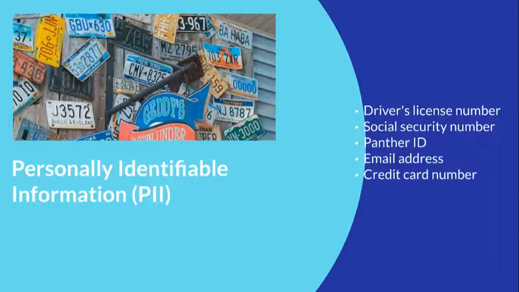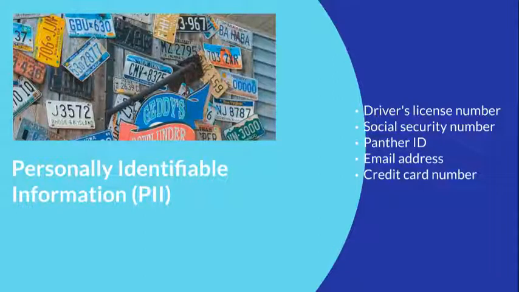Personally identifiable information includes the following: driver's license number, social security number, Panther ID, email address, and credit card number. You'll notice that with all of these examples, they uniquely identify an individual. Additionally, a combination of data points may also identify you or another individual.